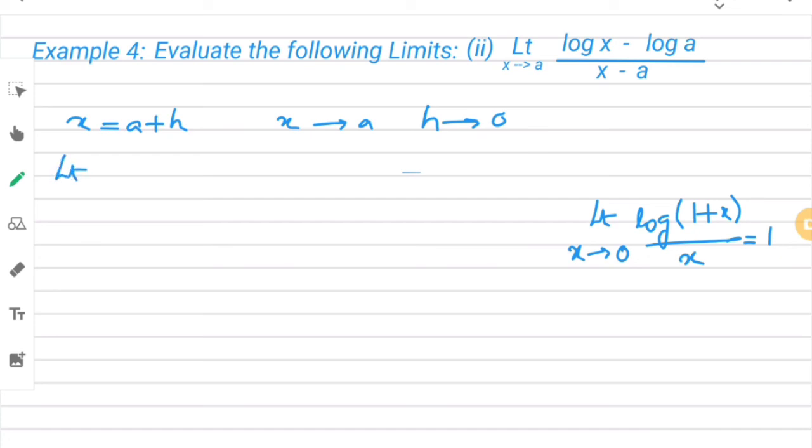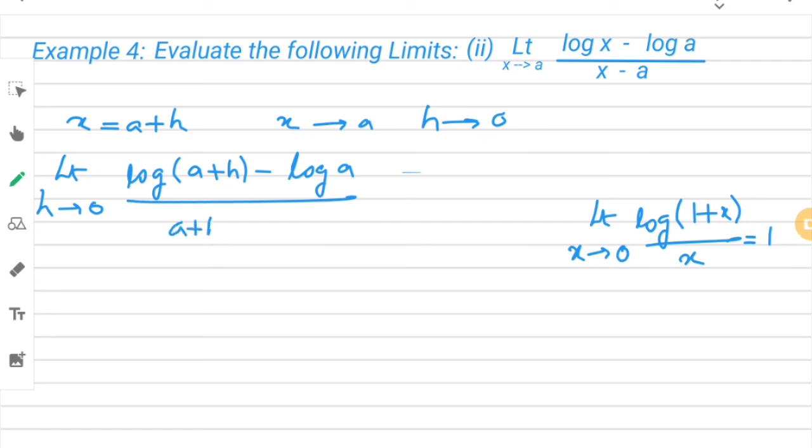Yes. Limit h tends to 0 of log of, instead of x, I am going to write a plus h, minus log of a whole divided by, instead of x, a plus h minus a, and this plus a and this minus a will get cancelled. At last we will get limit h tends to 0, and simultaneously see the numerator, log of a plus h minus log a.